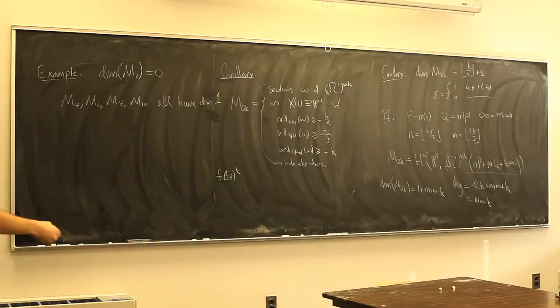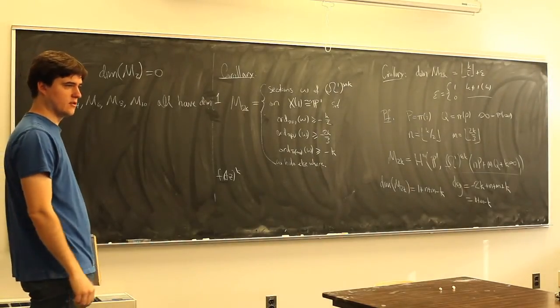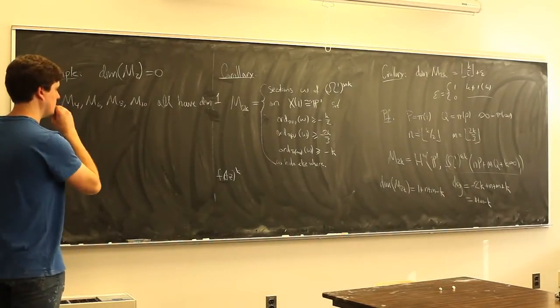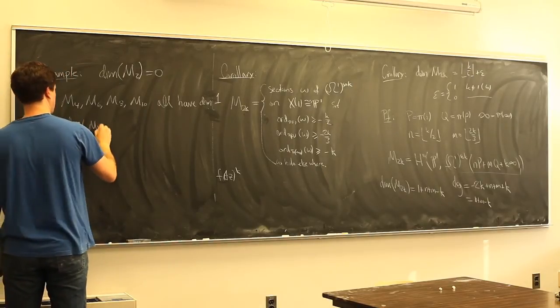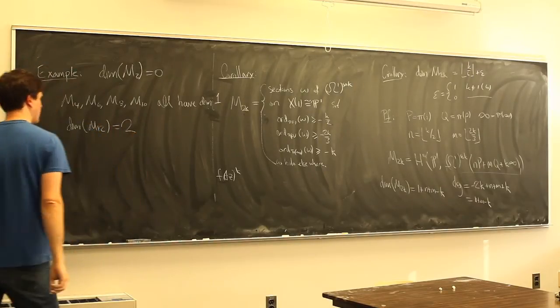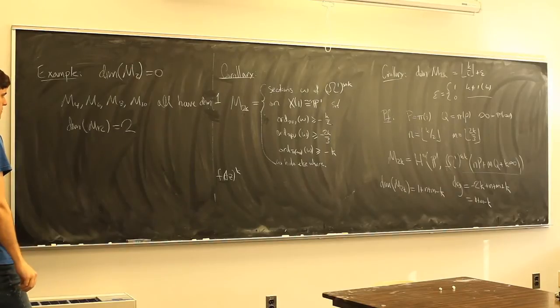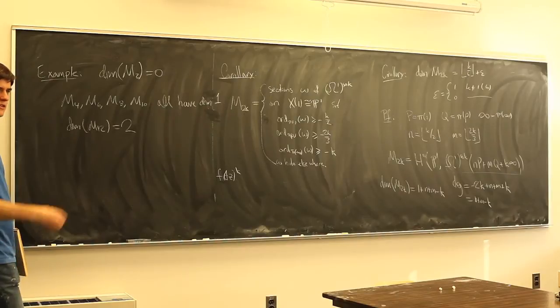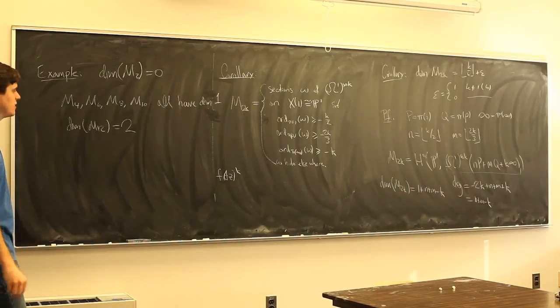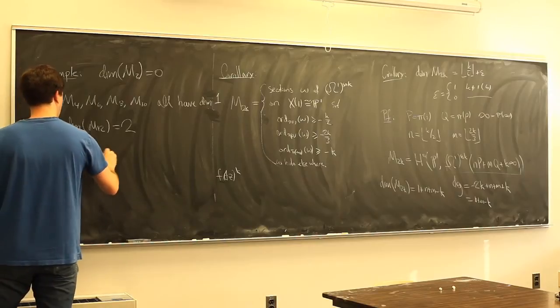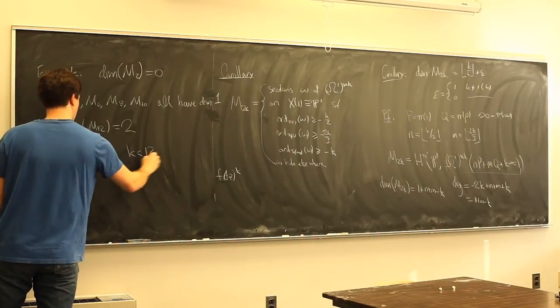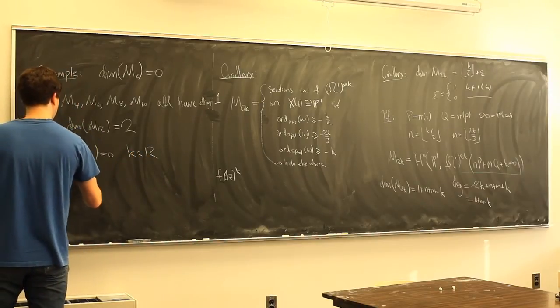And then M12 has dimension 2, because the floor of k over 6 plus epsilon is 2. And the dimension of the space of cusp forms is always just 1 less, because you're just asking one condition, that it vanishes at infinity. So the dimension of Sk is 0 for k less than 12, and the dimension of S12 is 1.